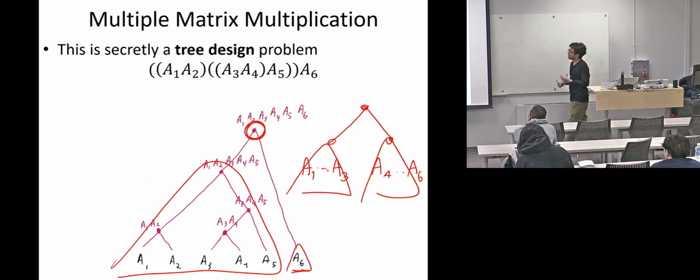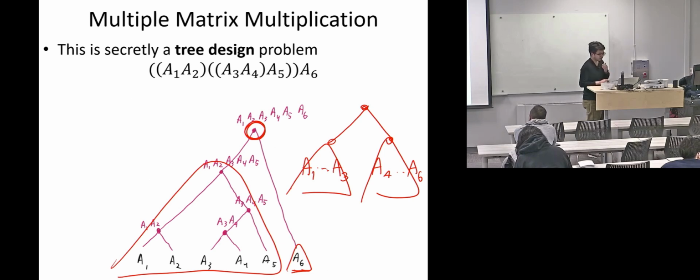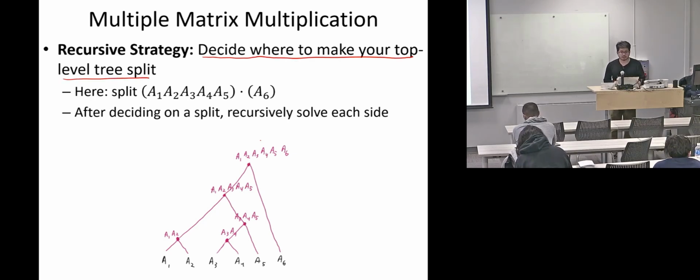Okay, so the recursive way of thinking is just, okay, there are n choices of splitting from the top, and whatever you need to do here, it's the same problem on a smaller problem. So here you just need to decide where to make the top level split, and then recurse.